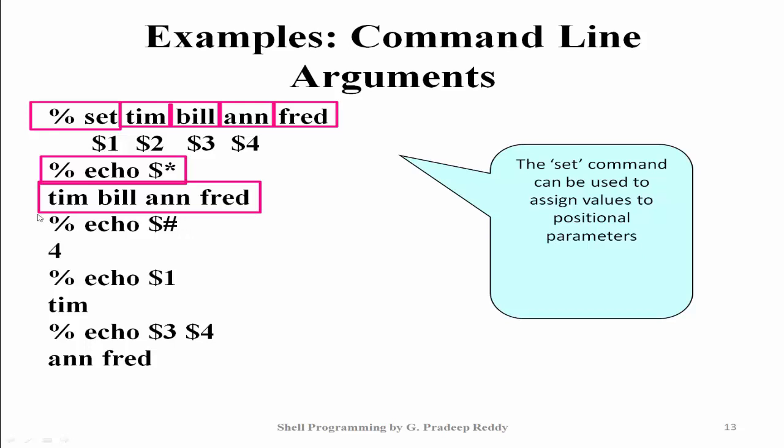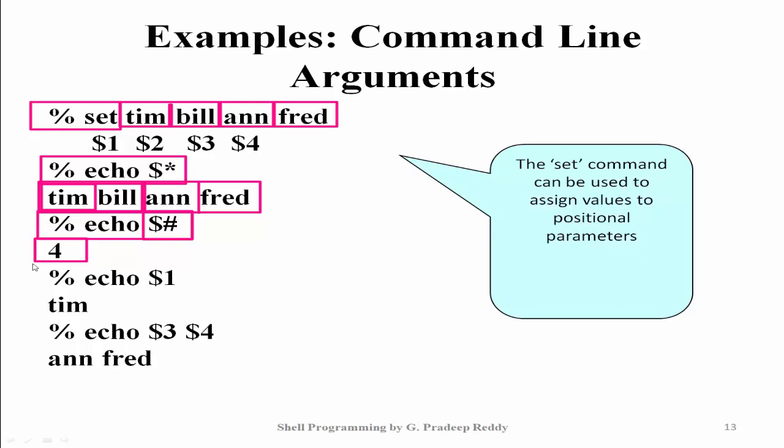So next, here we have specified percentage echo $#. Here $# is going to count how many parameters there are. Here Tim is 1, Bill is 2, Ann is 3 and Fred is 4. So it is going to count how many positional parameters there are.